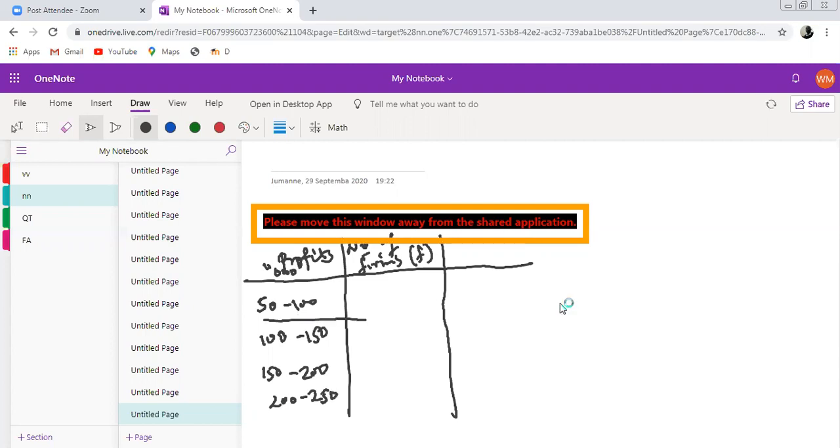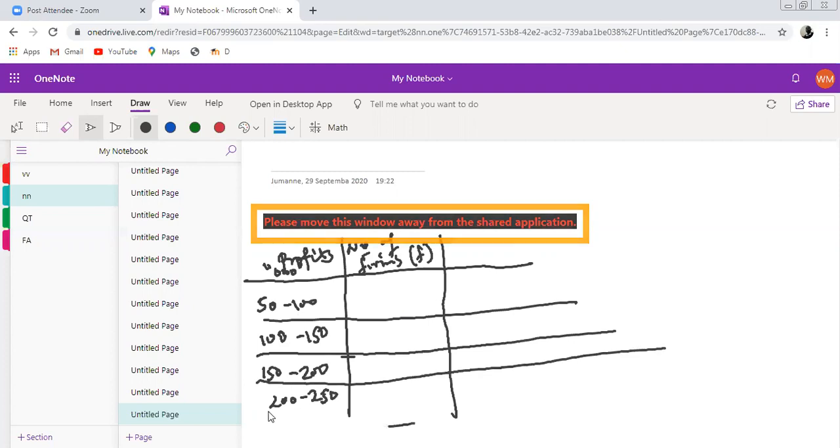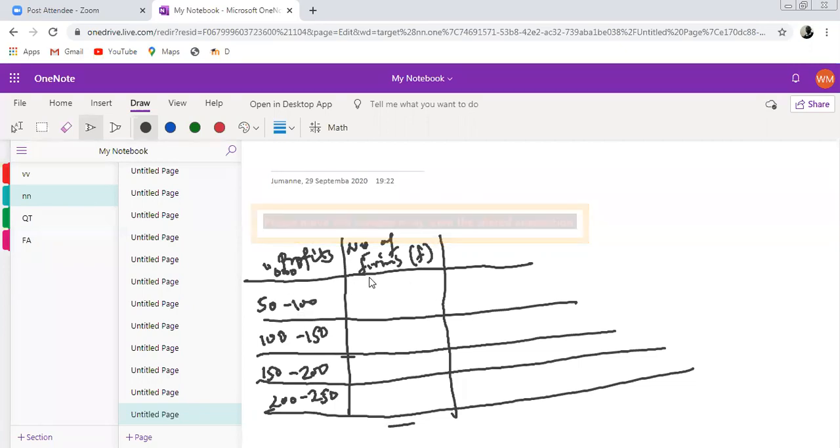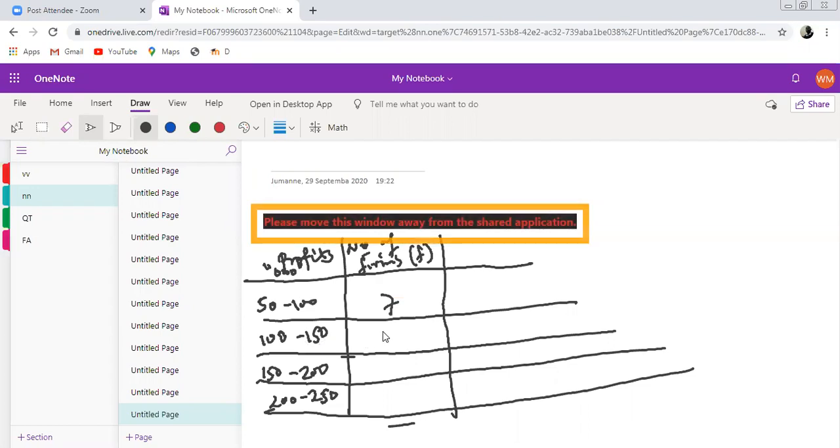Now, the number of farms that registered a profit of 50 to 100,000, maybe they were 7. 100 to 150,000 profit, maybe we had 13 farms. These were 8, and maybe this one, they were 6.